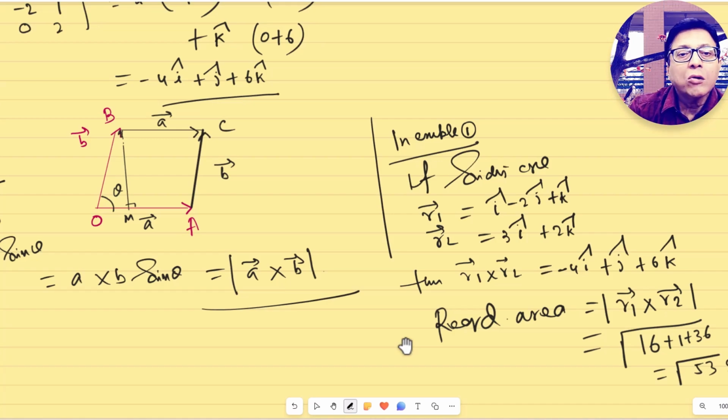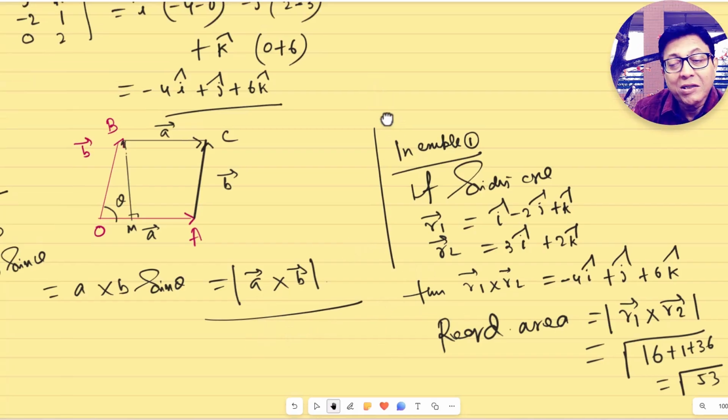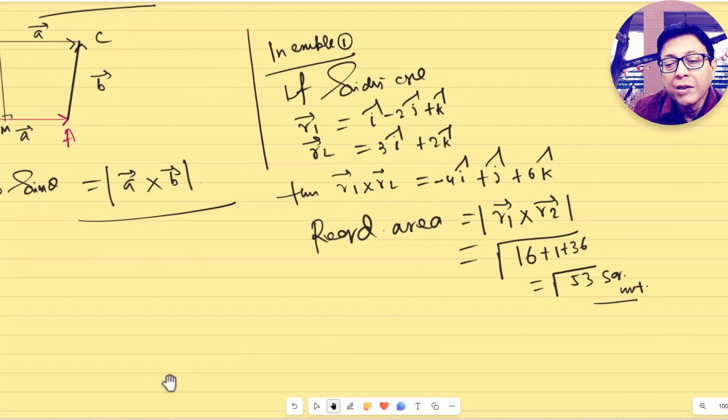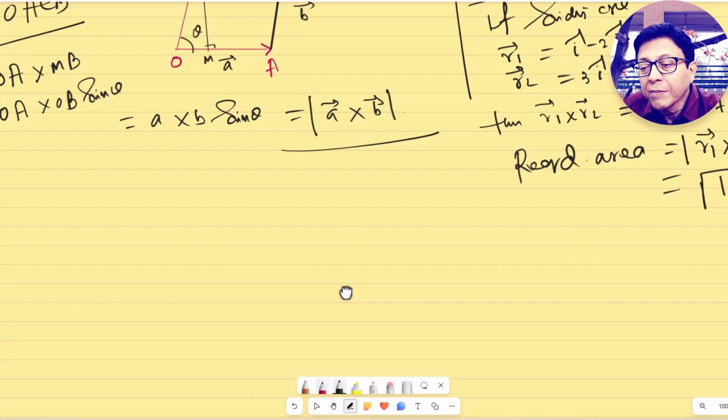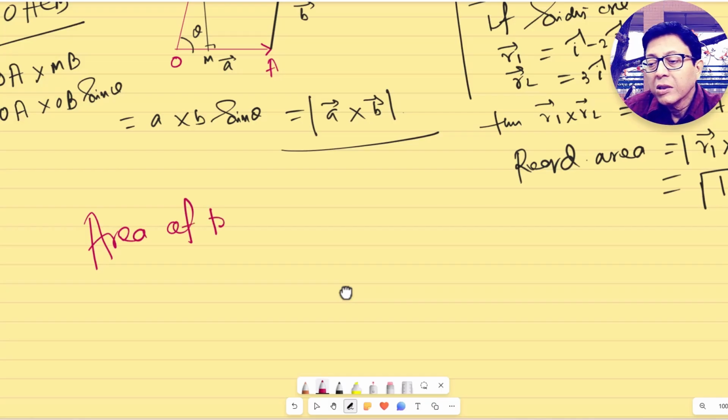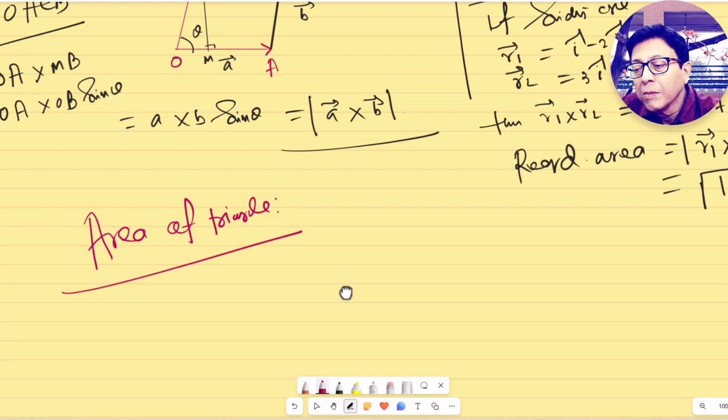Now, area of parallelogram will be what? That you better don't keep in the form of vector. Although area also can be vector, but here in mathematics you will be writing required area equal to mod, which is given by 36 plus 17 root 53 square unit.